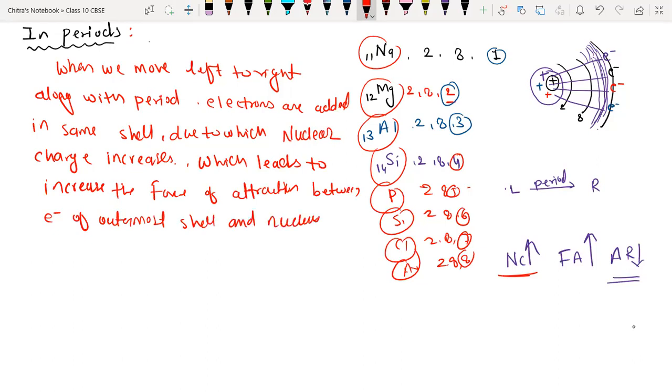That force is called Coulombic force, because it is due to the charge on electron and proton. That's why it is called Coulombic force.